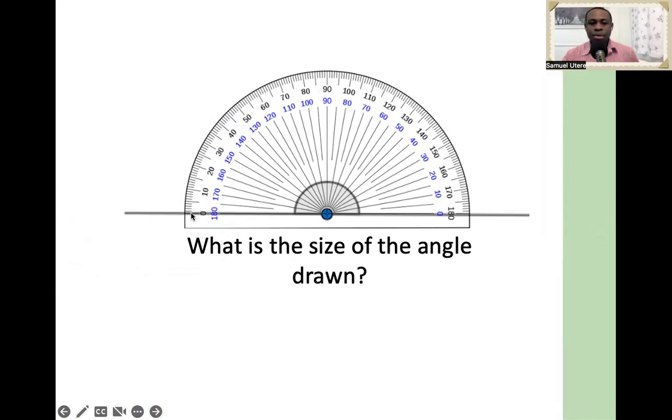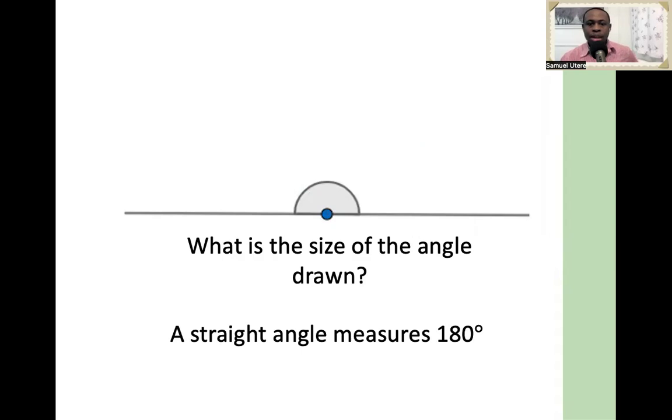So starting from this line here, we can see that if we measure the angle on this straight line, it is 180 degrees. And you can see that it is half a turn. So a straight line angle measures 180 degrees.